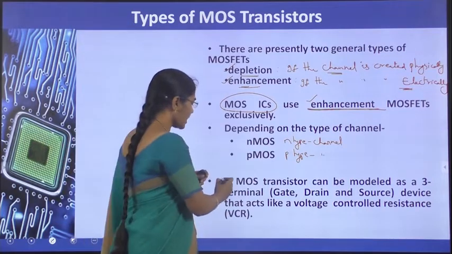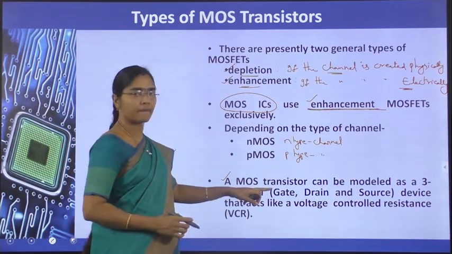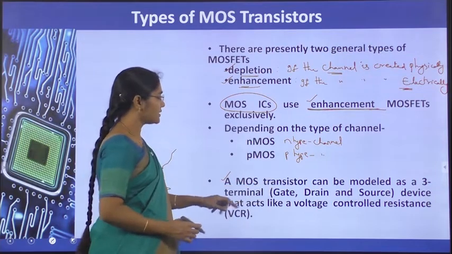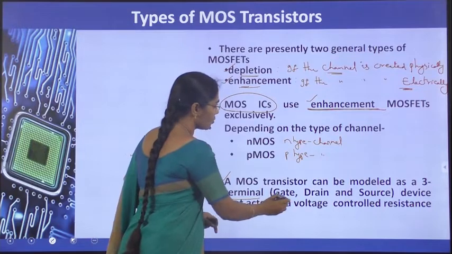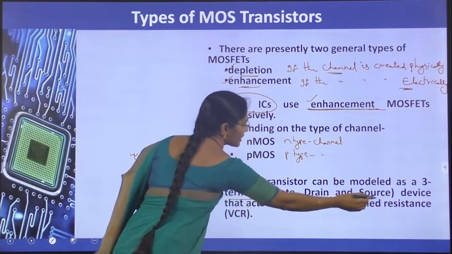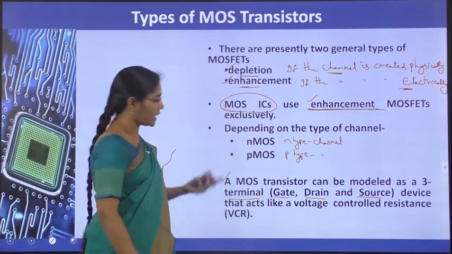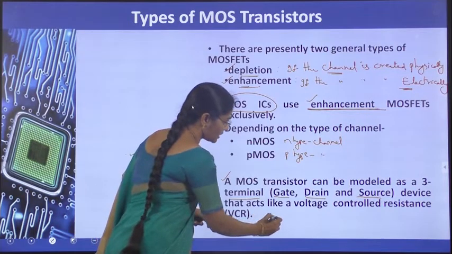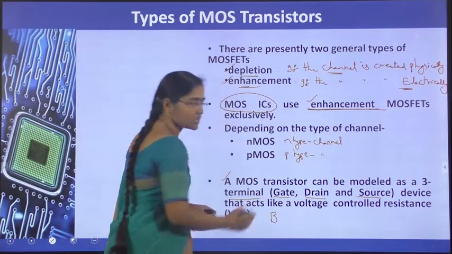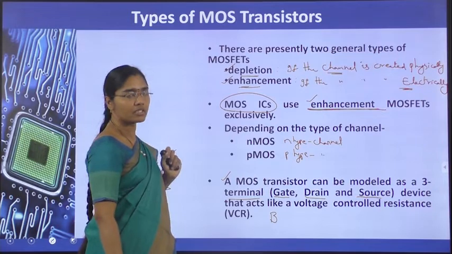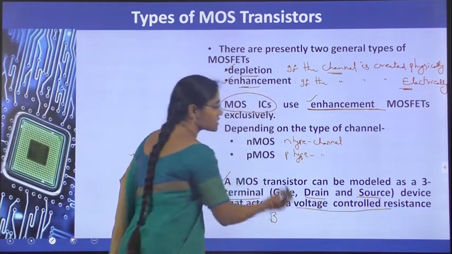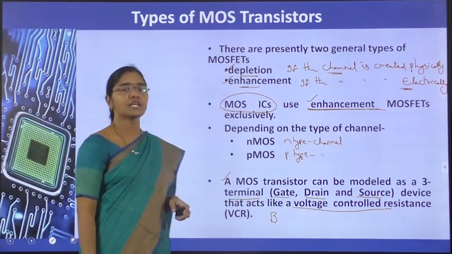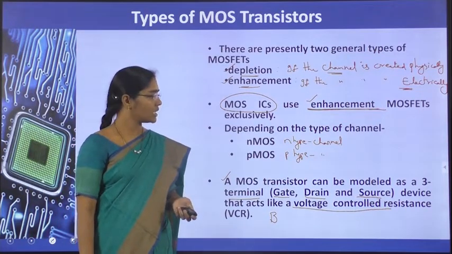And these enhancement or depletion MOSFETs are modeled as 3-terminal transistors. Those 3 terminals are the gate, the drain and the source. And if we are using the 4th terminal, that is the bulk terminal. So MOSFET is acting as a voltage controlled resistance.